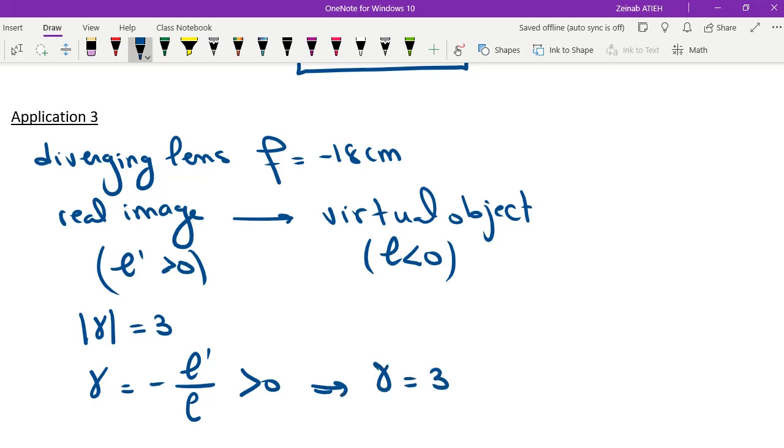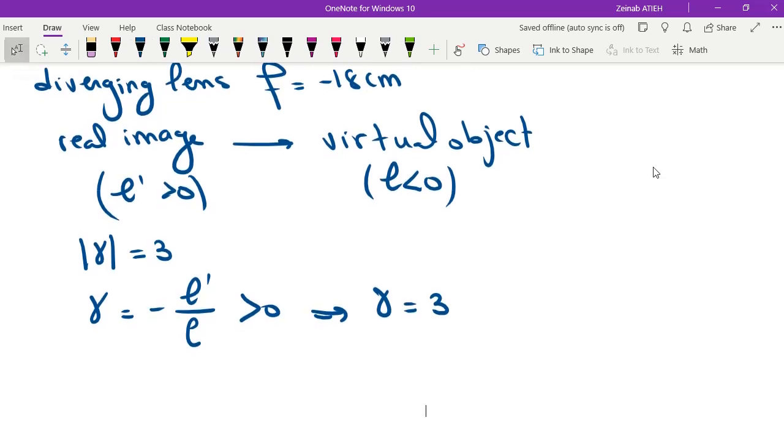Now I have two relations that relate L prime and L. I can find both of them. I will substitute gamma, which relates L prime with L, and the lens formula also has L prime and L with the focal length, so I have two equations in L and L prime, and I can find L and L prime.